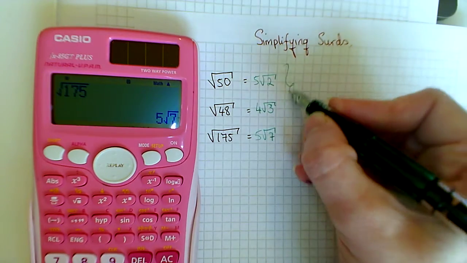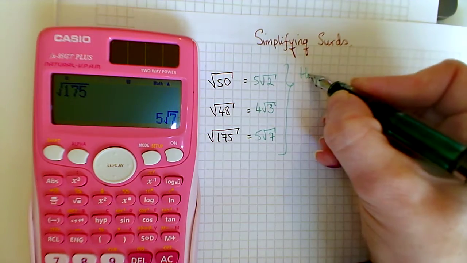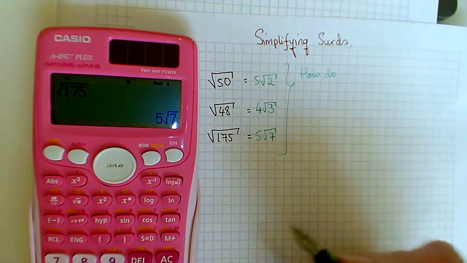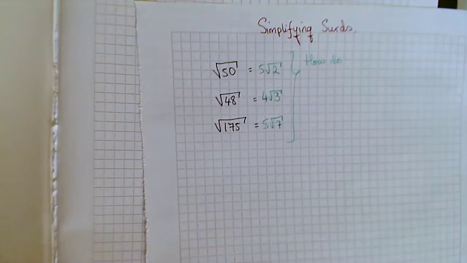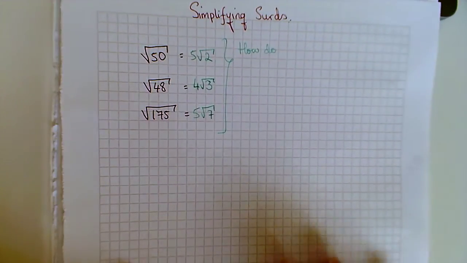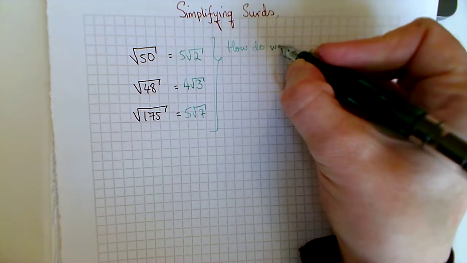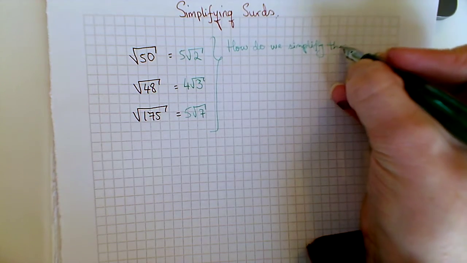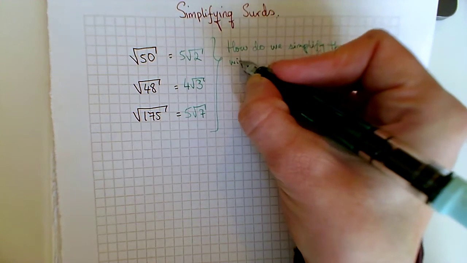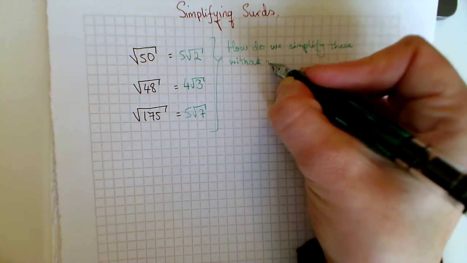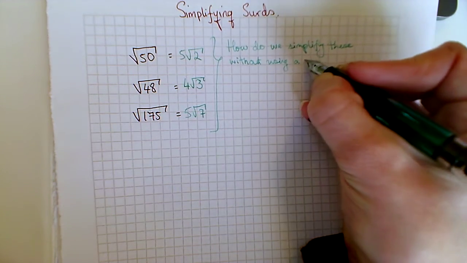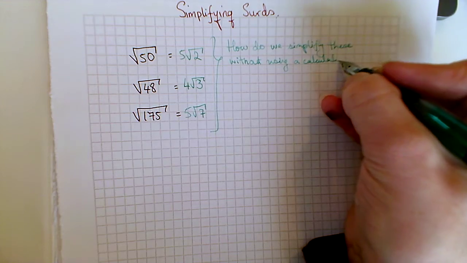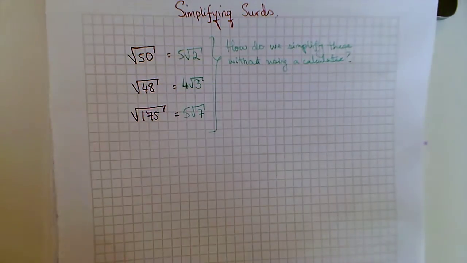But how do we do this without a calculator? Because you can be asked to do this without a calculator. So how do we simplify these without using a calculator? How do we do that?